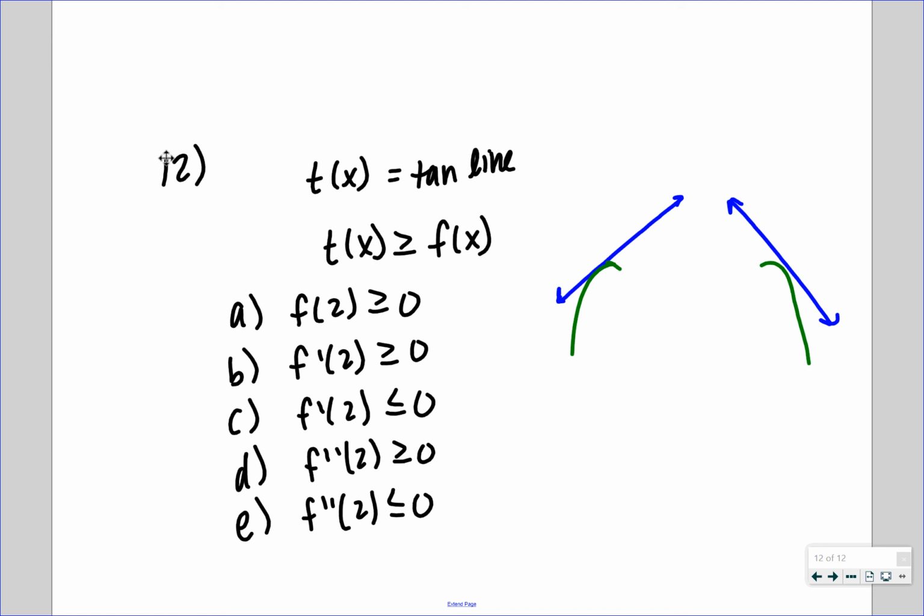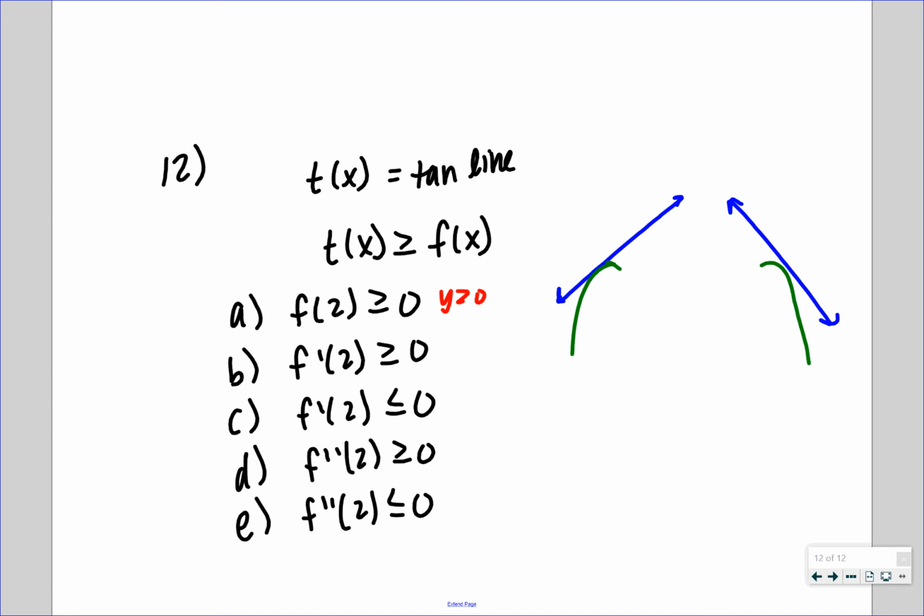So that's what that means. So this pretty much only tells us about concavity. I don't know that my y value for A, that y is greater than or equal to 0. This could have easily been in the negative portion of a graph. So you don't know that.